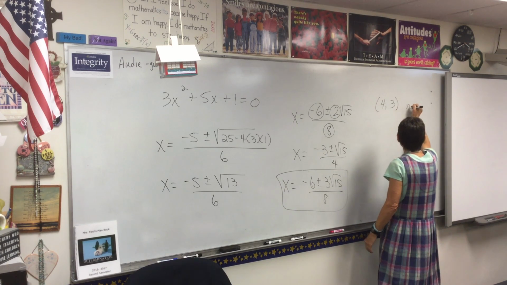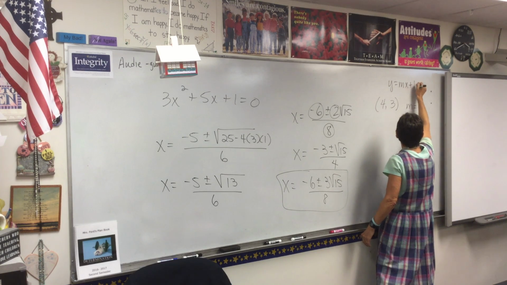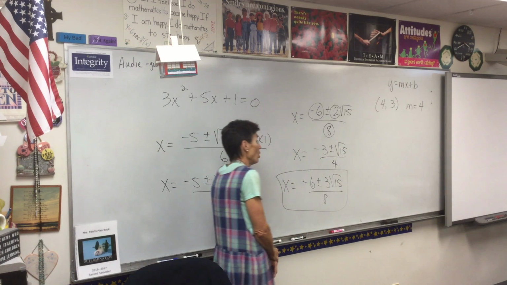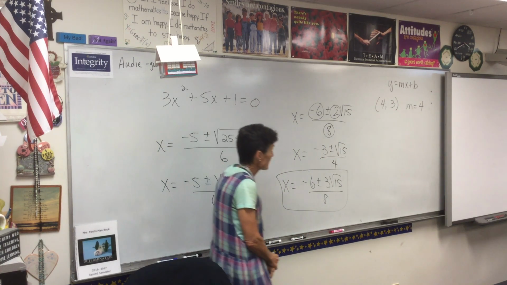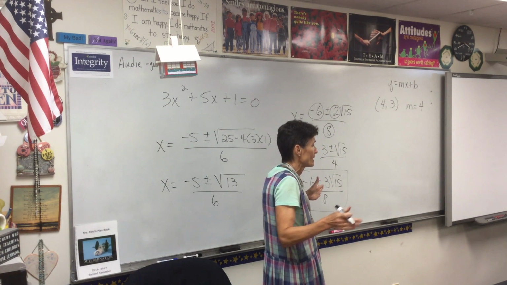Write the equation of the line using slope-intercept form. Write the equation of the line with a slope of 4 containing the point (4, 3). Quickly, you don't get out of here till you do this.